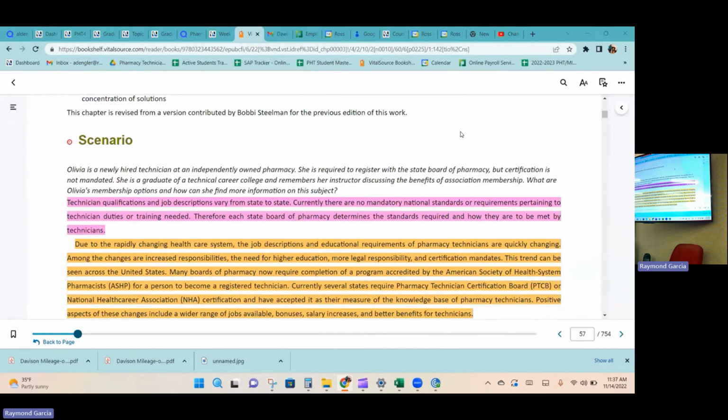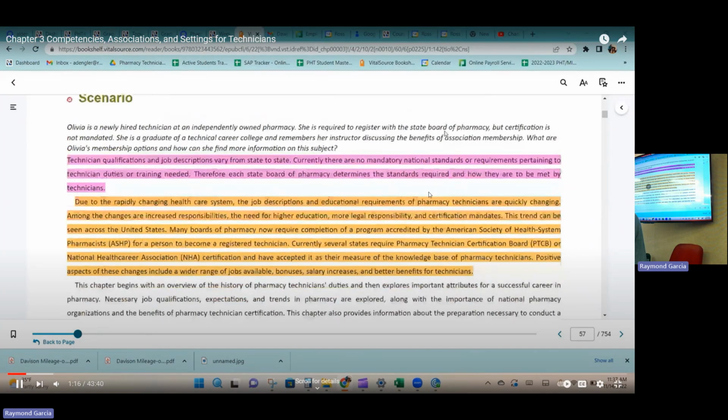Therefore, each state board of pharmacy determines the standards required and how they are to be met by technicians. So the state board of pharmacy can implement that you need a license, which most states do now, and most of those states also require that to get that license, you take the PTCB or NHA. So it's kind of required, but technically not, if that makes sense.